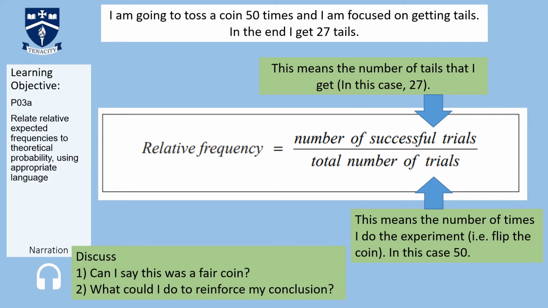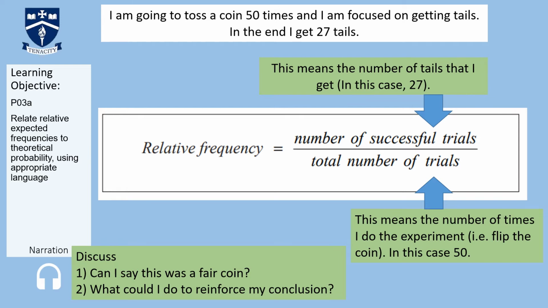Quite often on these questions, you have to comment on the fairness of the experiment. So was this a fair coin? Well, to answer that, I have to ask myself, how many tails would I expect to get? If it was a fair coin, I should get tails half the time, so 25 out of 50. I got 27, so that's only slightly over.